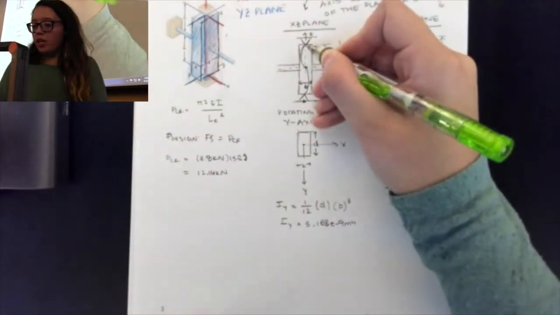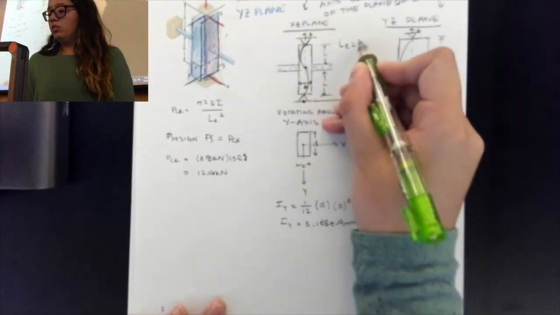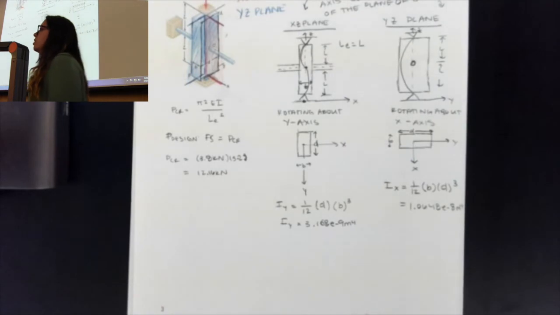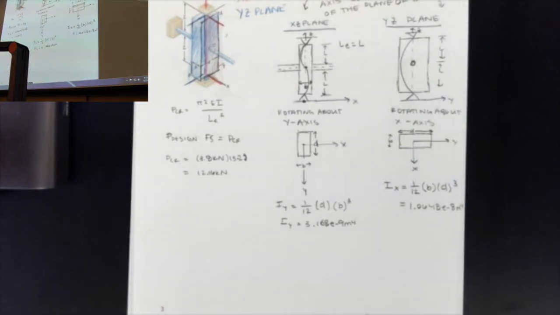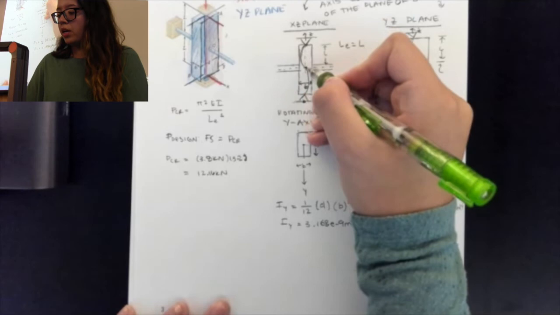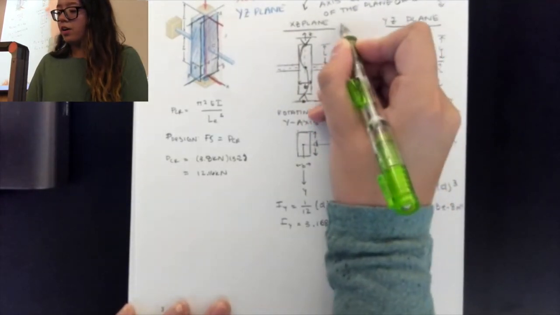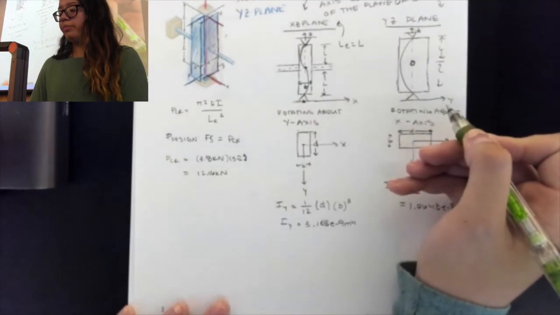Because we can start here, we have buckling, and look, we're back at our neutral position. So it's L. Everyone understand why it's not 2L? It's L because we start here at the pin, we have buckling, and we're back at our neutral position. That distance was L. So our L effective for this one is just going to be L.